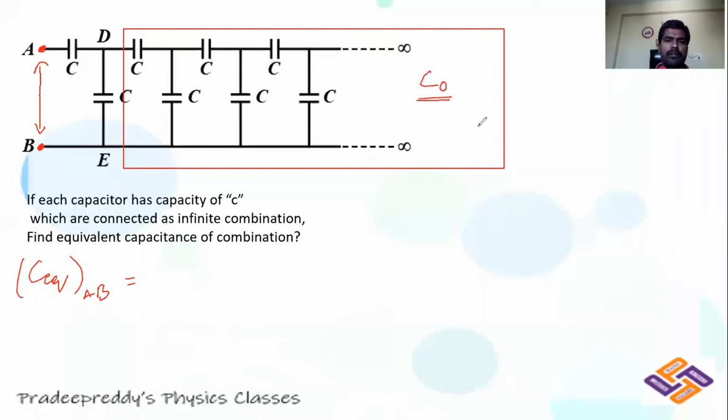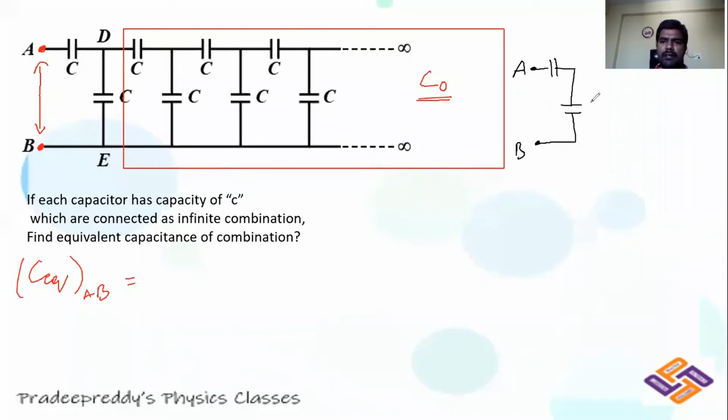If I consider that as C naught, I can redraw the circuit into a simpler form. I'll redraw the circuit now into a simpler form. This is point A and this is point B, and here you have one capacitor, and here you have one more capacitor, and the remaining total I am considering as C naught.